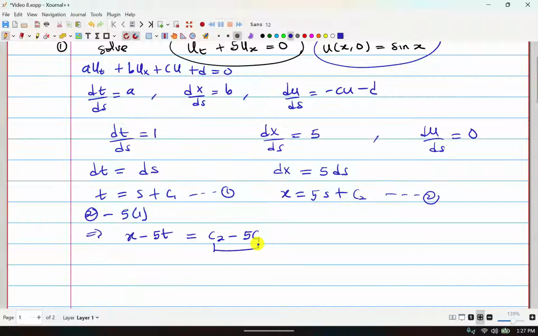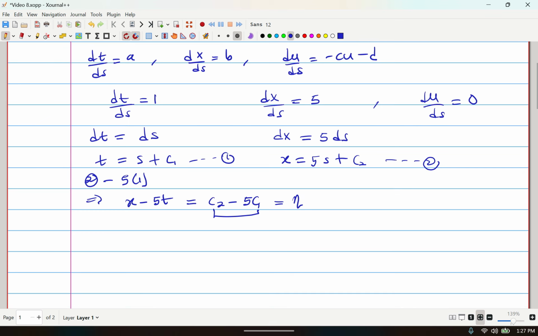But remember, c1 and c2 are both constants, so c2 minus 5c1 is still a constant, say eta. This eta is what we're going to use as our characteristic expression. It means the expression x minus 5t is always constant along characteristics, which relates x and t in this manner.